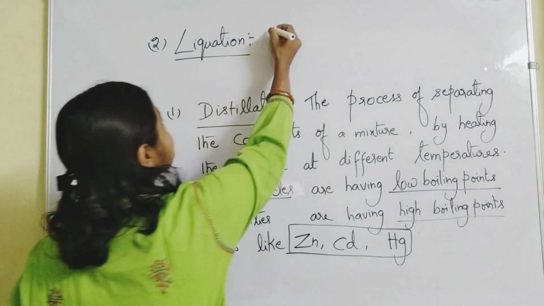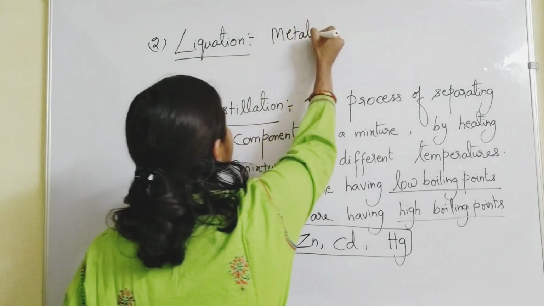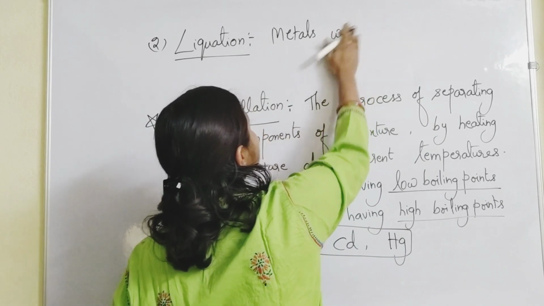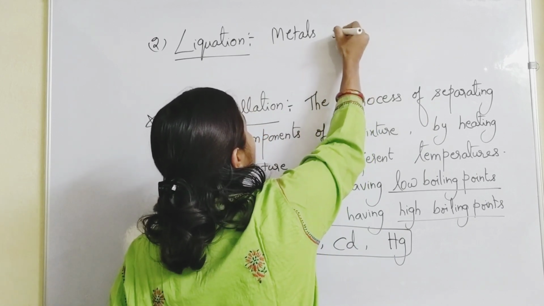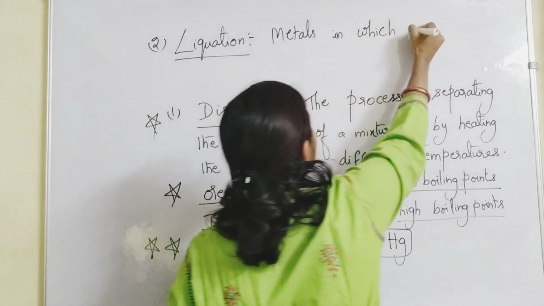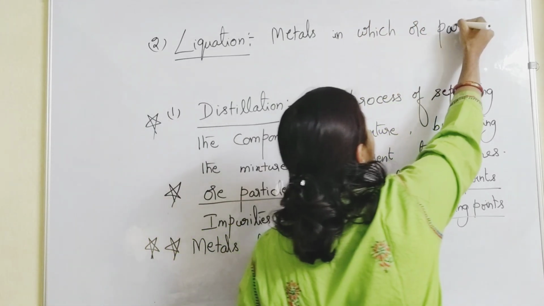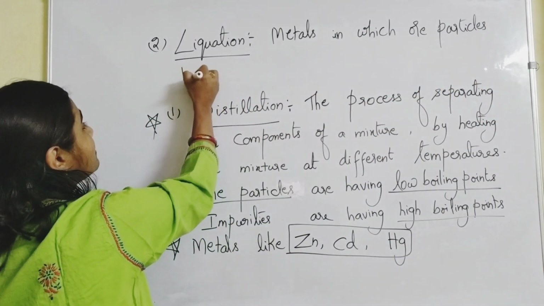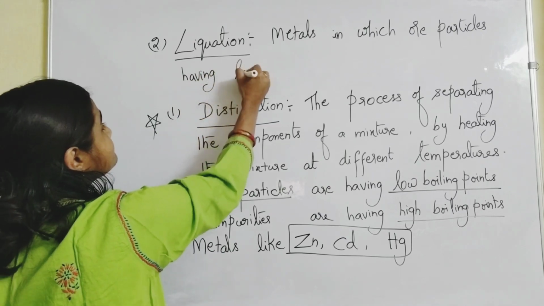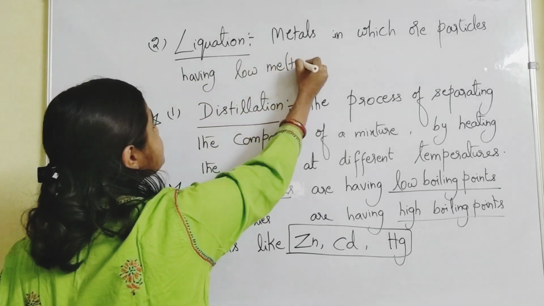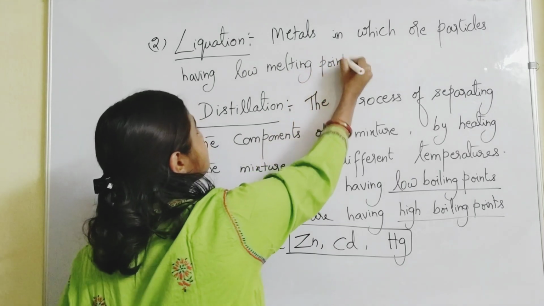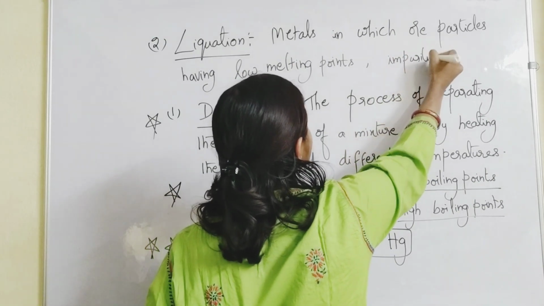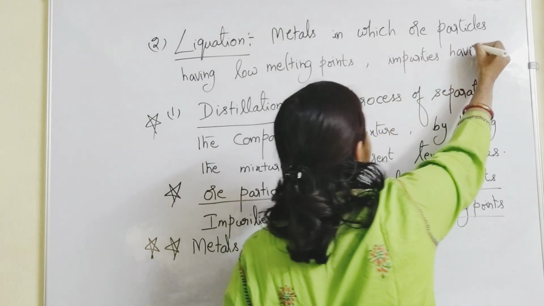Metals in which ore particles have low melting points and impurities have high melting points.